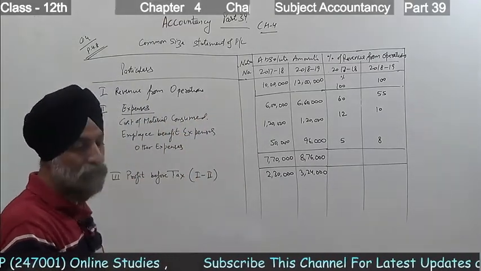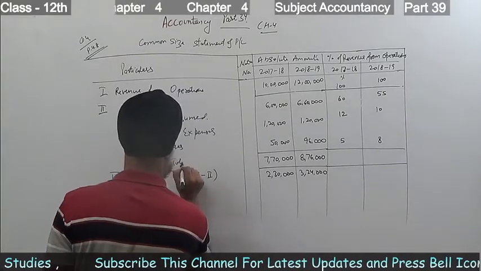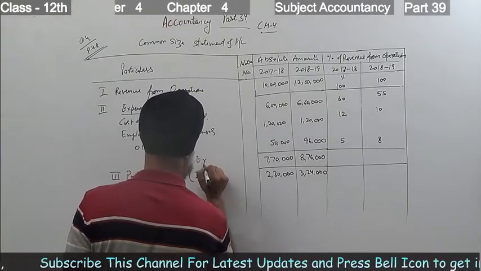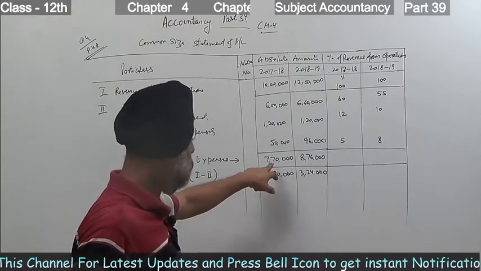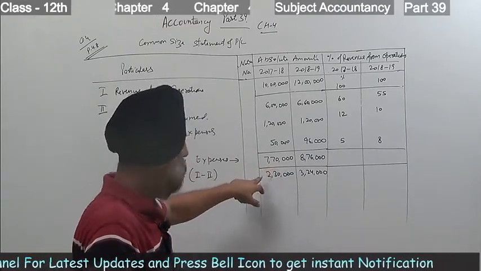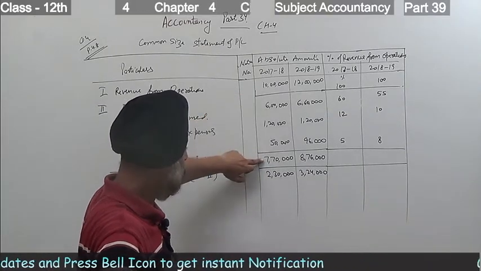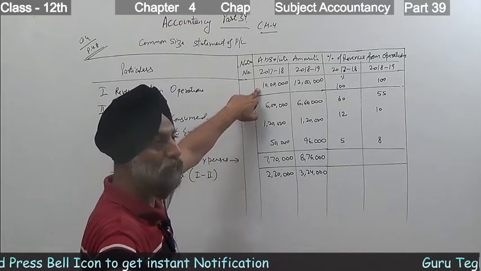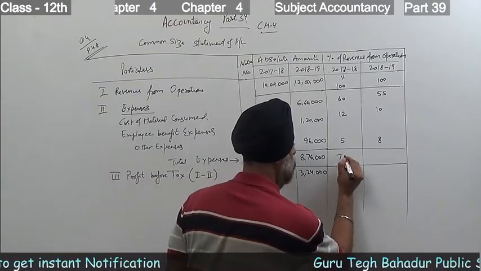Now come to total expenses. In total expenses, this is 770 and the base is 10 lakh. 770 total expenses upon base revenue from operation 10 lakh into 100, then we will get 77%.